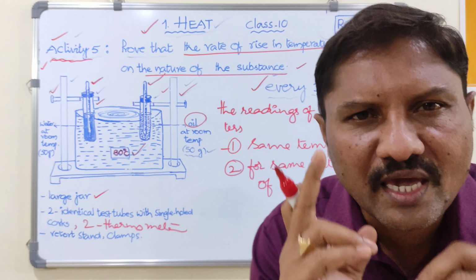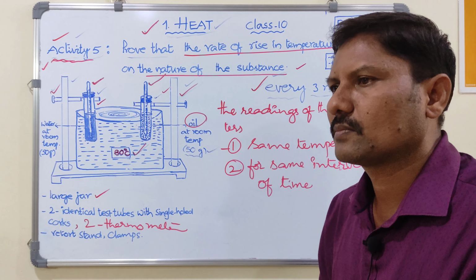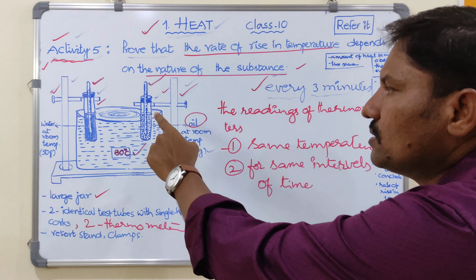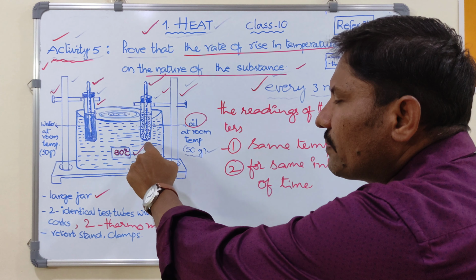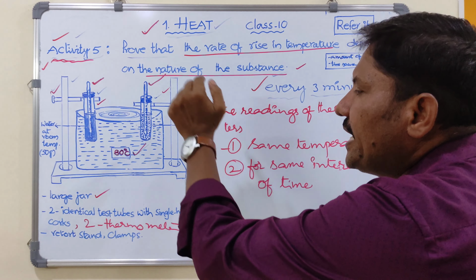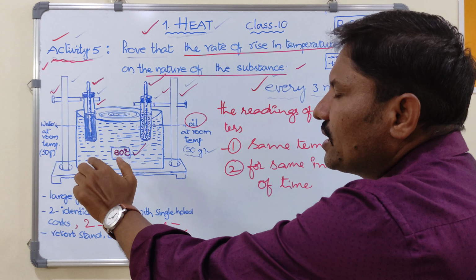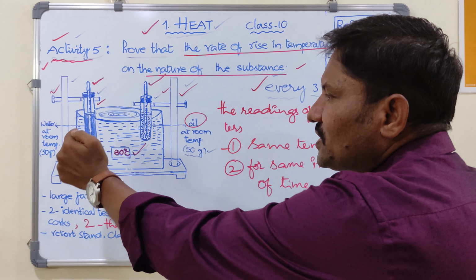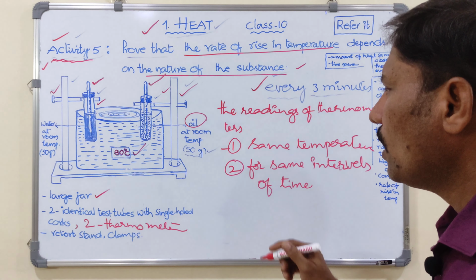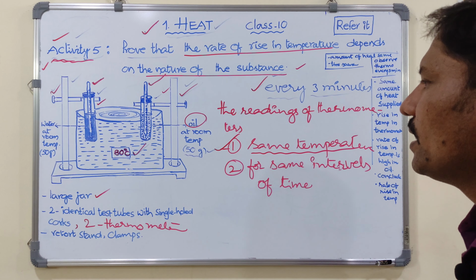If you observe keenly the readings of both thermometers, you can find that the reading of the thermometer which contains oil is more than the reading of the thermometer which is kept in water. Why? We are supplying the same heat energy.